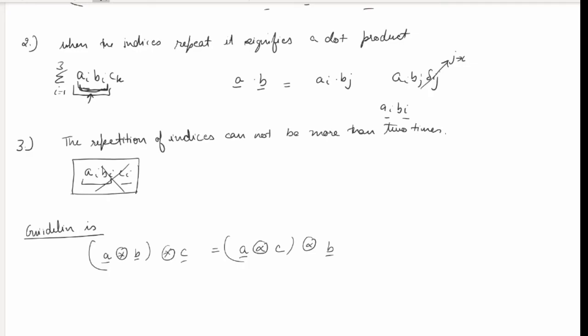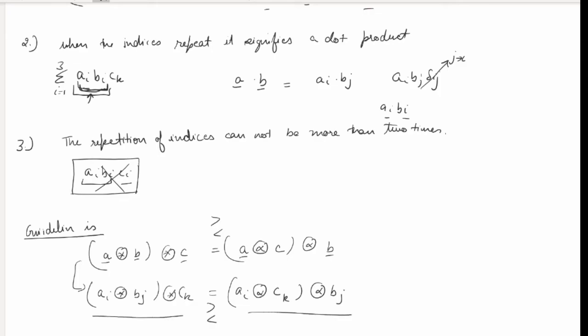For example, if we want to write this equation in the form of Einstein notation, and it can be an inequality also, so this can be greater than or equal to or less than or equal to, then we can write in Einstein notation A_i some operation with B_j, then some operation with C_k. For A we will use i, for C we will use k, and for B we will use j. So we will try to use the same indices on both sides.